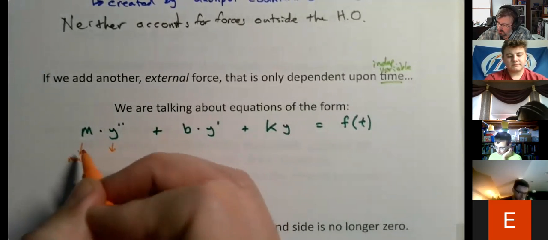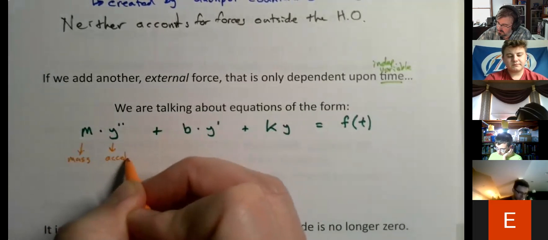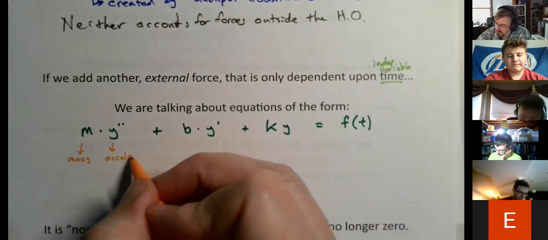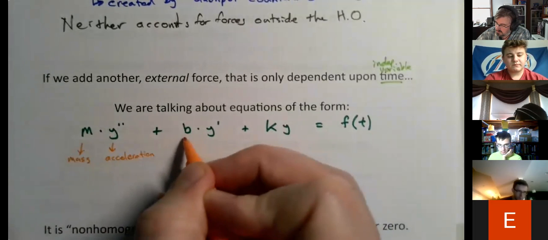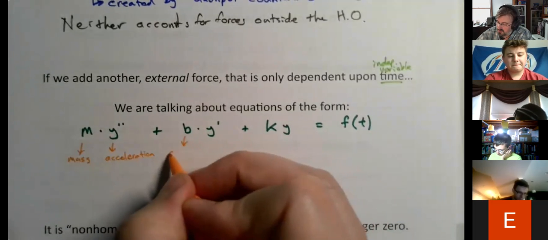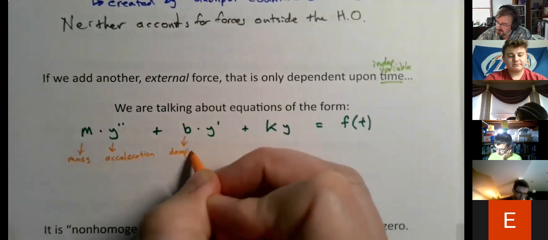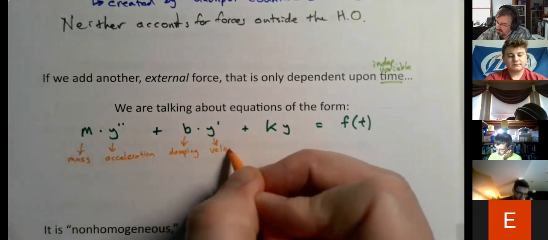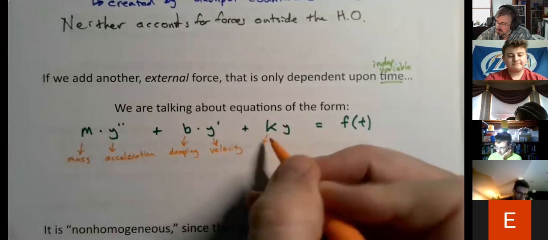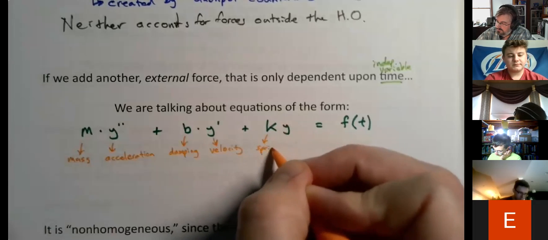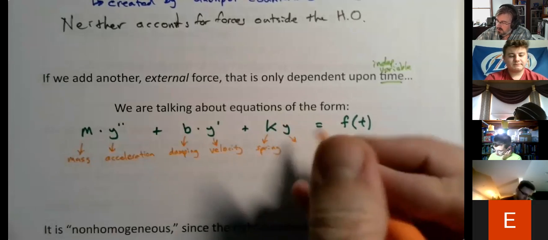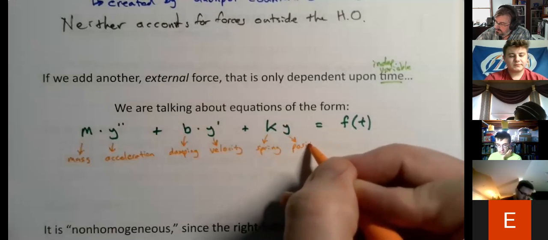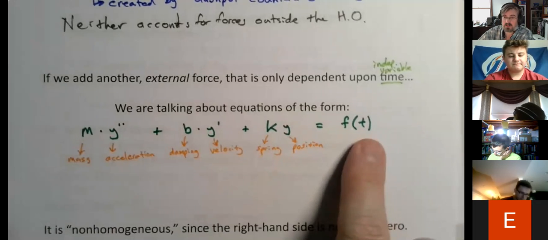That's what we would call acceleration. This b is what we call the damping coefficient. Y prime we call velocity. K, that's the spring. And y is the position. And this over here is the time-dependent external force.